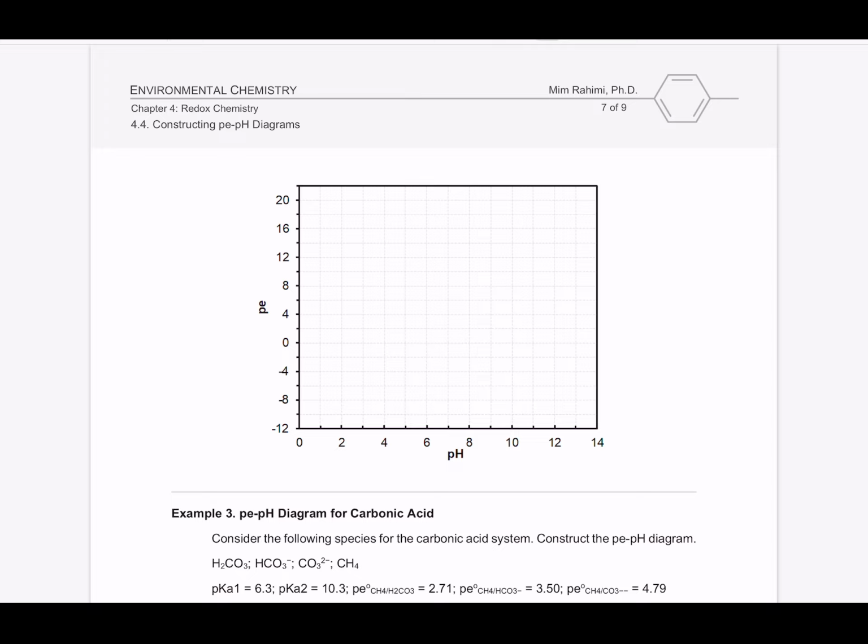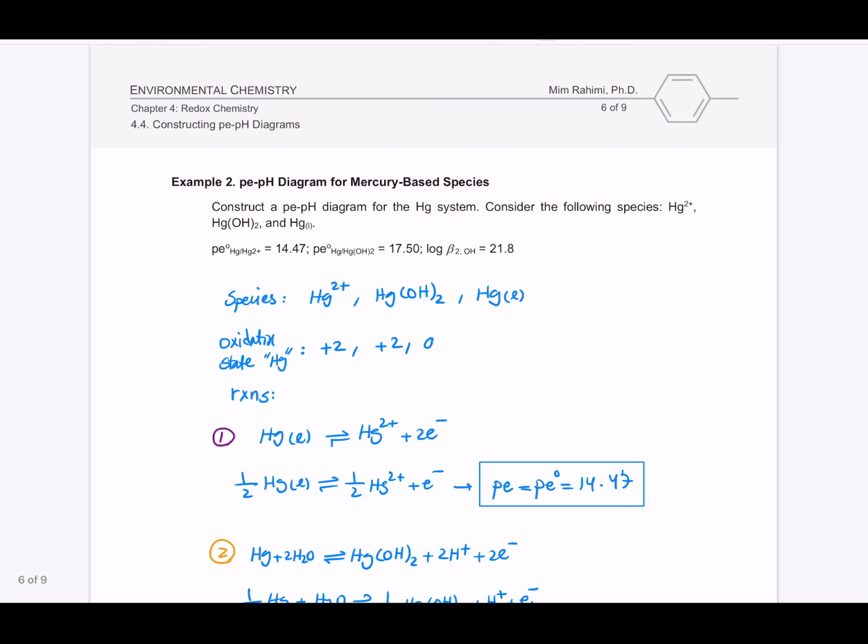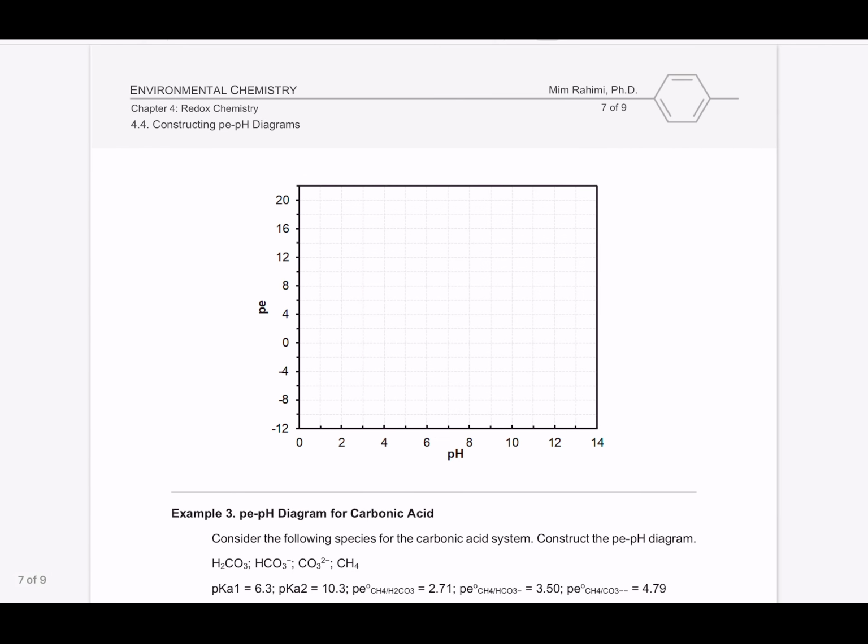It's the simple horizontal line. What's the value? 14.47. So roughly here. So this is the very first line, line number 1.